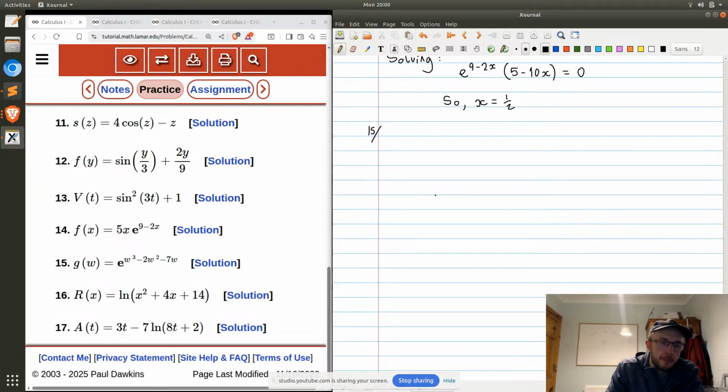Fifteenth problem. Find the critical points of g of w where g of w is equal to e to the w cubed, take 2w squared, take 7w. So we must find g prime of w.